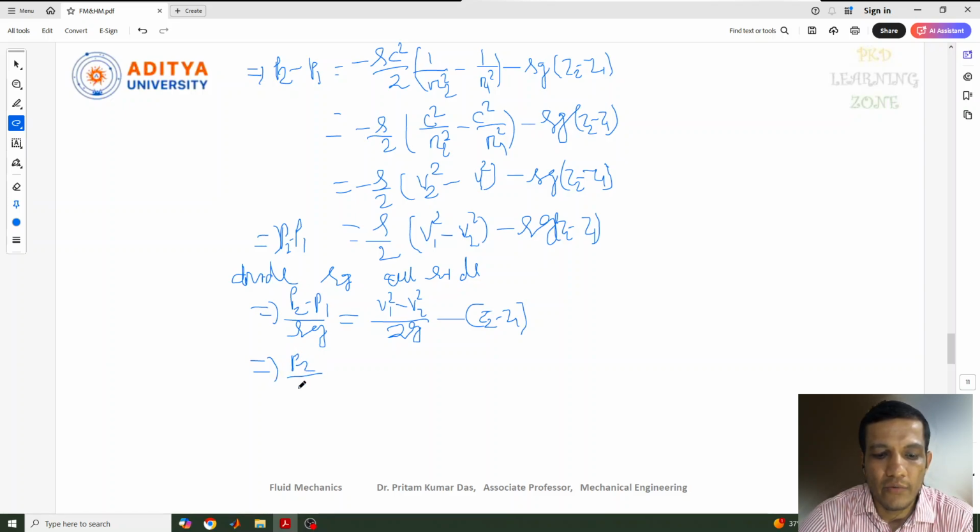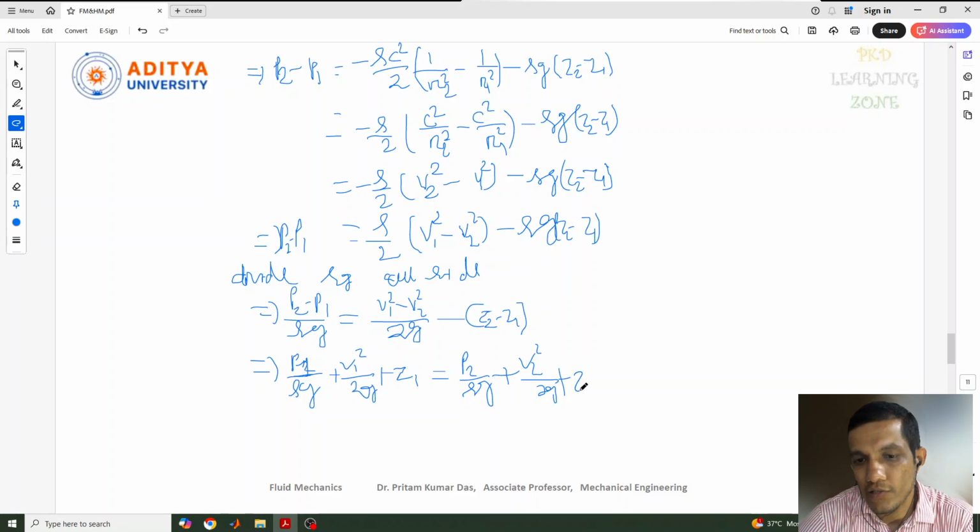We can elaborate this and get it this way: P1 by rho g plus V1 square by 2g plus Z1, and similarly P2 by rho g plus V2 square by 2g plus Z2.